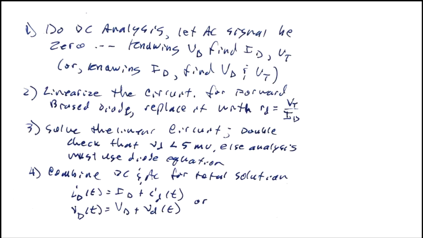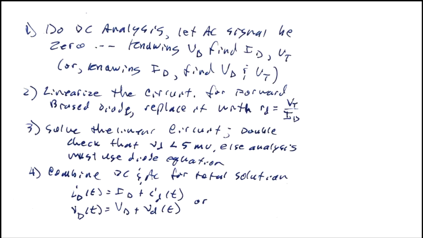So what would an analysis look like? I'll bring this up again when we're talking about amplifiers, but you should get an idea right now. The general scheme for solving a circuit would be: first you do a DC analysis of whatever the circuit is, and you find big VD, big ID, and VT. You solve the circuit so that you know the DC voltage and the DC current in that circuit.